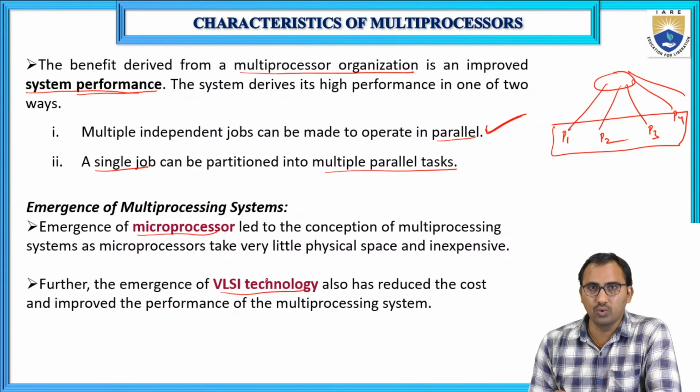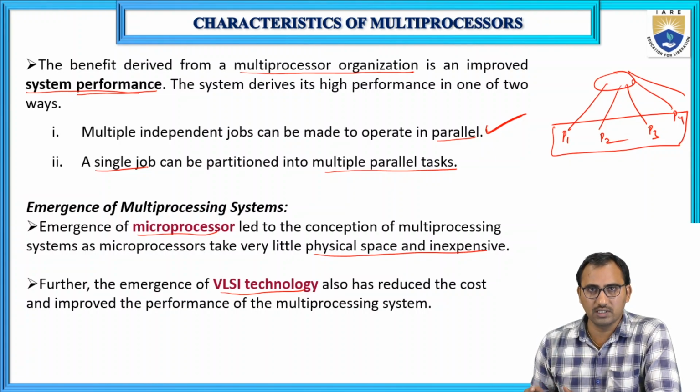Because of these two reasons, the need for multiprocessor systems increases. The emergence of the microprocessor leads to the concept of multiprocessing systems, as microprocessors take very little physical space and are inexpensive.